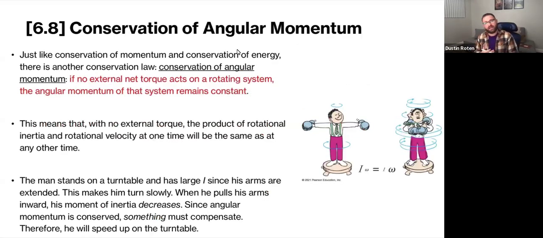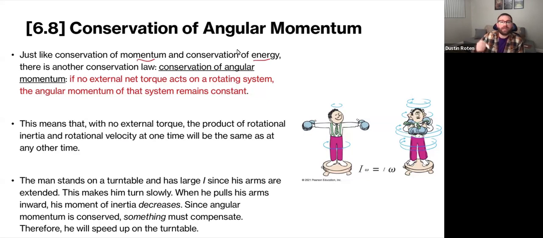Which leads us to the next slide. Just like the regular old conservation of momentum and the conservation of energy, which we talked about last module and the module before that, there's another conservation law, and it's the conservation of angular momentum.